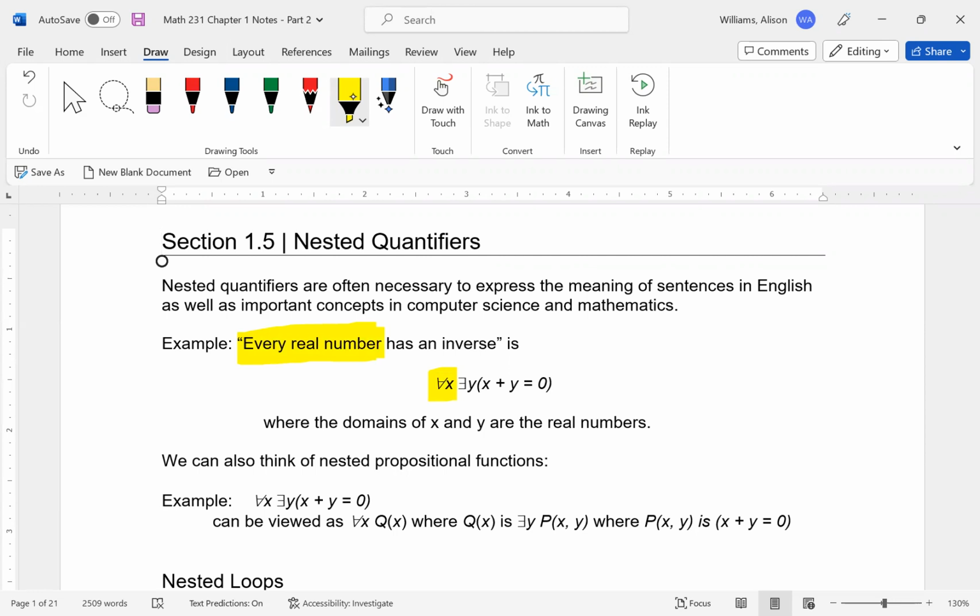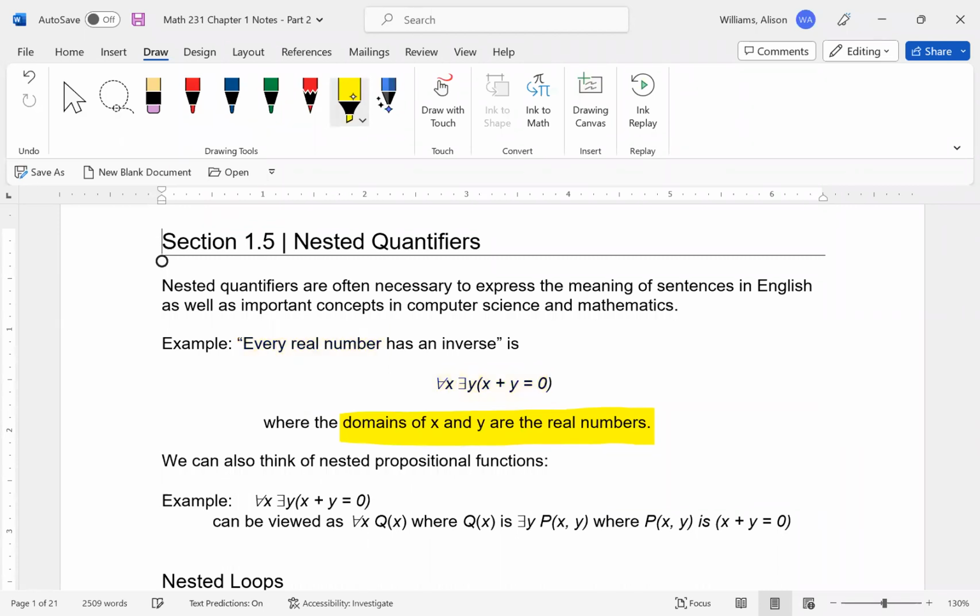So for every x that's out there, where x is a real number, right? That's the domain, they're real numbers. For all of the real numbers, there is a y. So we've already categorized that every real number we're talking about, if we pick one of them, there's a y out there such that when you add them together, you get 0. Okay. That is the concept of inverse.